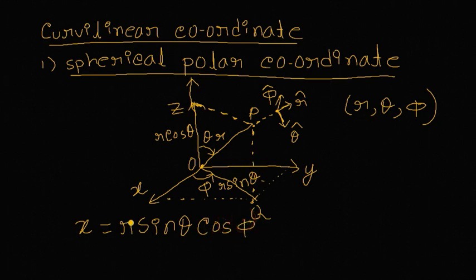For the y direction, we can write y equals r sin theta sin phi, as this straight line is r sin theta. And the component on the z axis is already given, that z equals r cos theta.